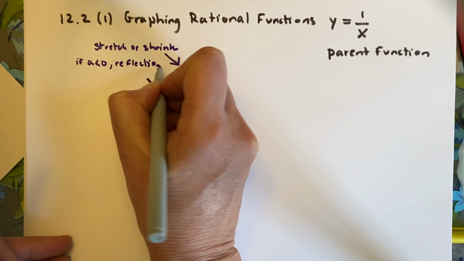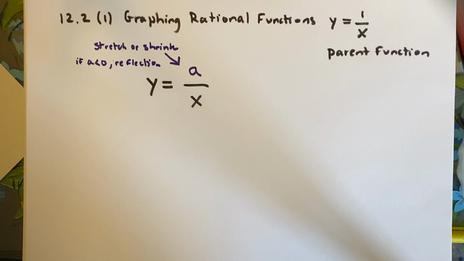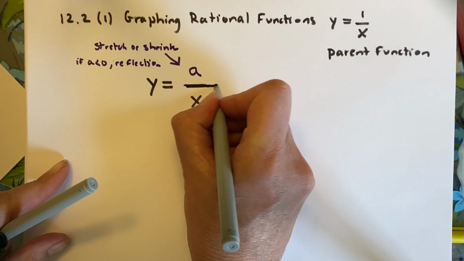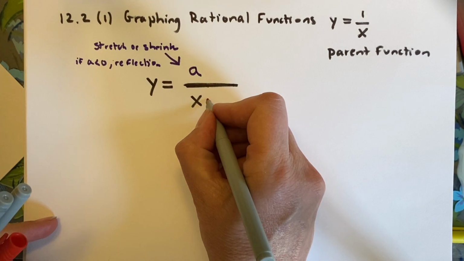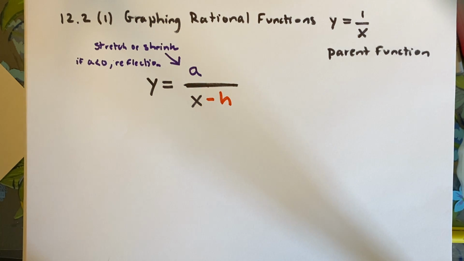And that has been the same whether we've done the quadratic, an exponential function, and the square root function, a has always had the same function. The next part we're going to look at, now I'm just going to make this fraction bar a little bit longer, because on the bottom I'm going to put a minus h, which you probably remember was inside the square root in chapter 11 when we did the square root function.